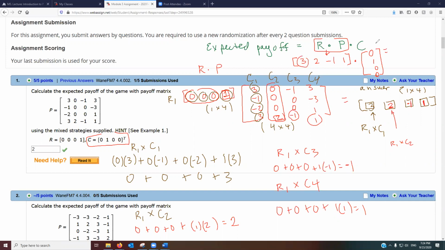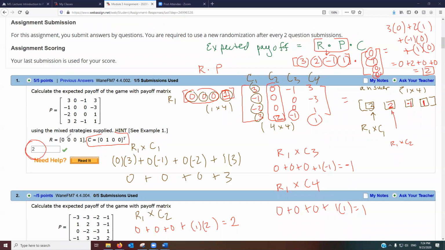So it's going to be 3 times 0 plus 2 times 1 plus negative 1 times 0 plus 1 times 0. Right? But that's going to be 0 plus 2 plus 0 plus 0. Final answer is 2. So the expected payoff here is 2.